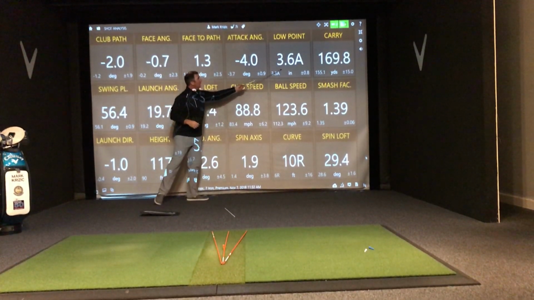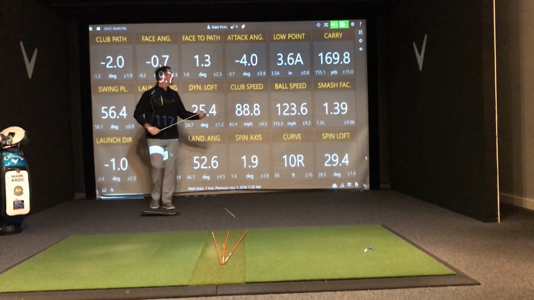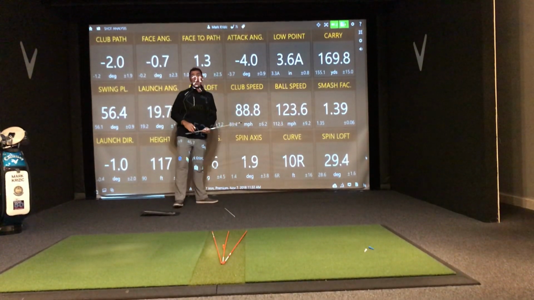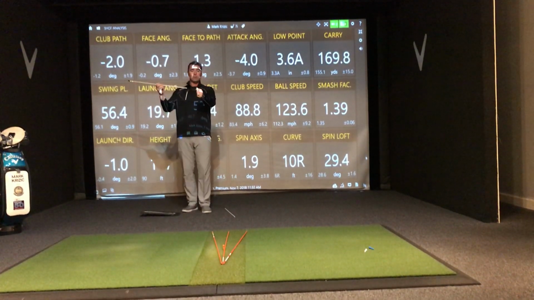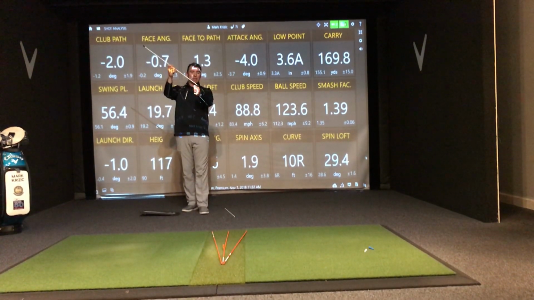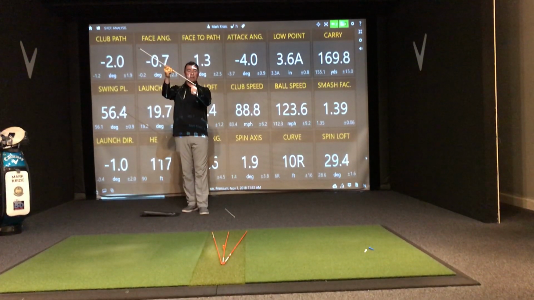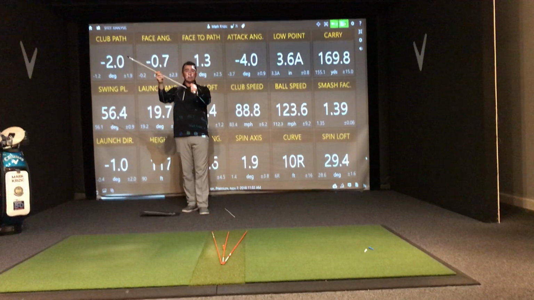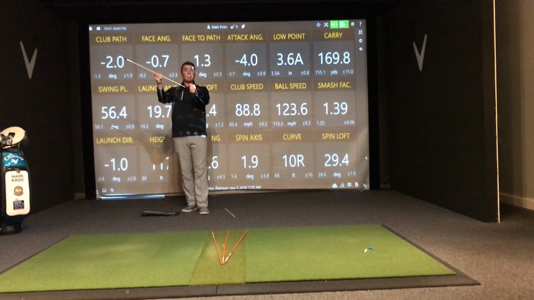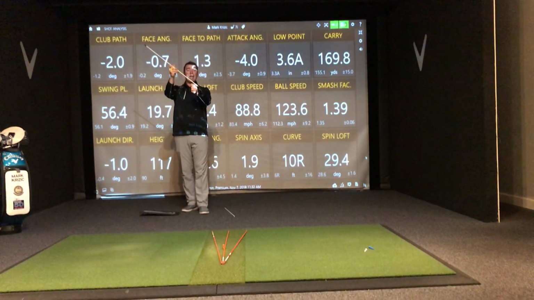Low point. It says 3.6 ahead. That means if my golf ball was here, I was hitting the golf ball with the iron head 3.6 degrees ahead. This would be behind. Obviously, with a driver, we would be a little bit behind. With an iron, we want to be ahead.